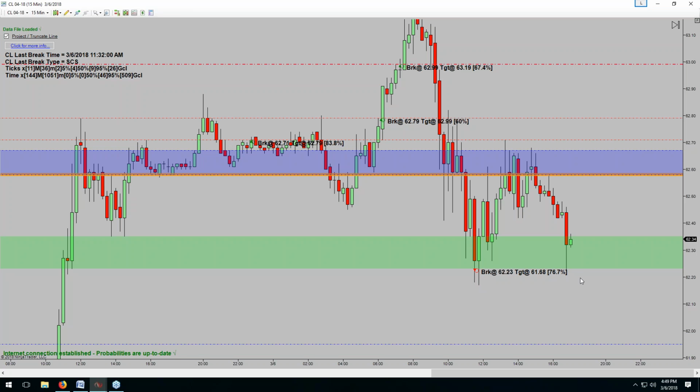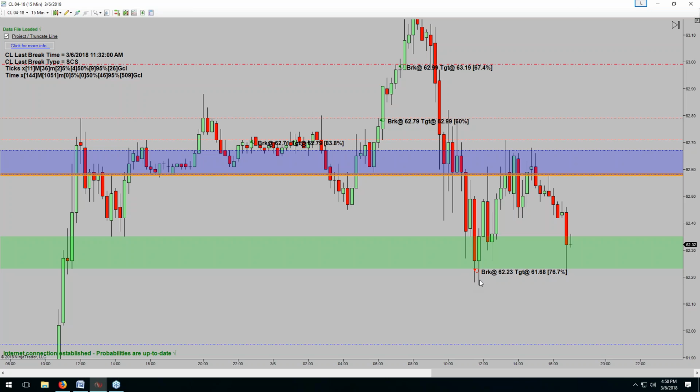So again, you're going to want to refer back to your time and tick averages here and know, okay, this is a really large target, and based on the information that I have set here to my left, I'm going to be looking at, realistically, closer to around 11. And then once it's beyond 11, then I can possibly start trailing, because again, you're not going to sit in this all day waiting for that target down here to get hit, right?